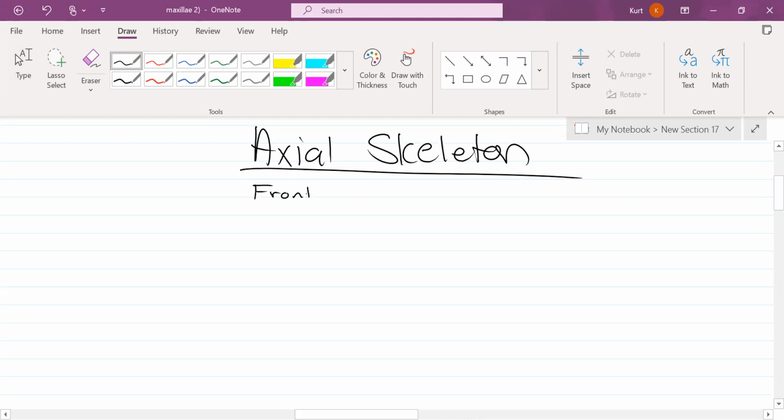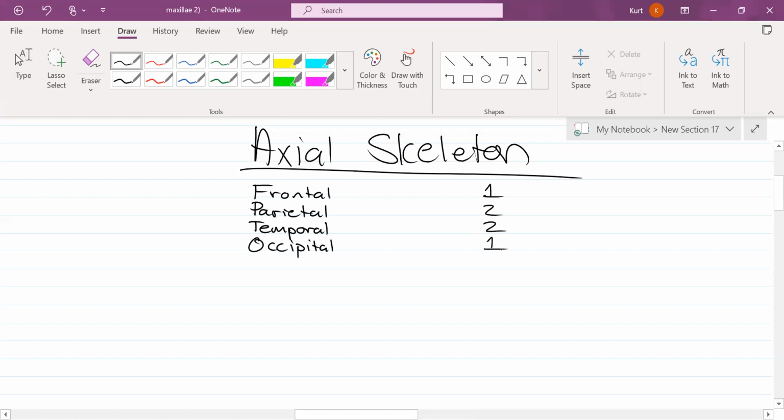How many? Top of the crown of your skull. Parietal. How many? Good. The sides of your skull. How many? The posterior of your skull. Correct. How many?